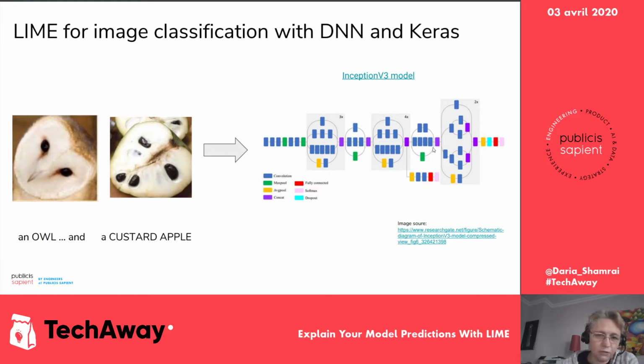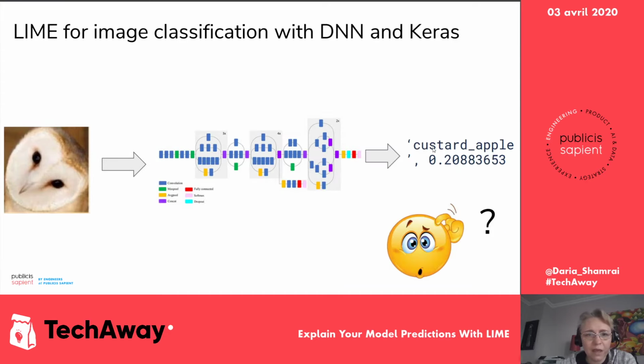So we will just feed these two images and see what the answers are. For the first case, we take the owl head. Hope you can see it already. We feed it in. We say, hey, who is this? And the model says, I'm not very confident, but it looks like a custard apple.